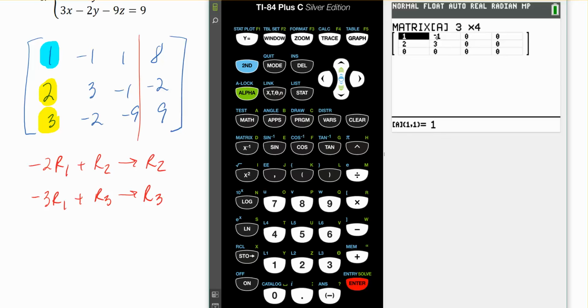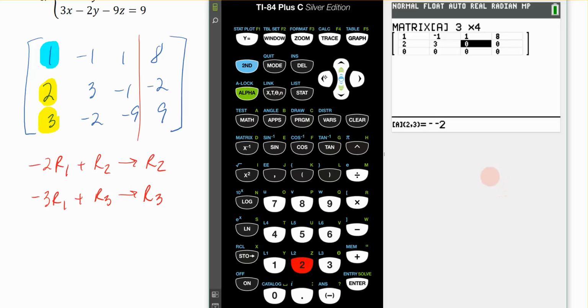I'm just going to fill this in as I move across the top by putting the numbers that are in my matrix over here. So I have 1, -1, and each time I hit enter to move it to the next position, 1, 8, and it just goes down to the next row. 2, 3, -1. Oops, not negative 2.